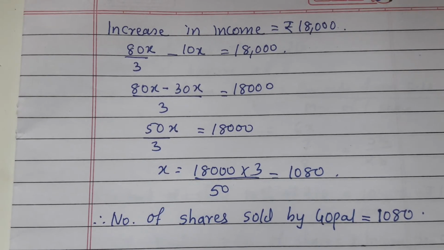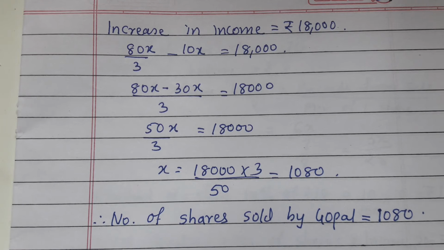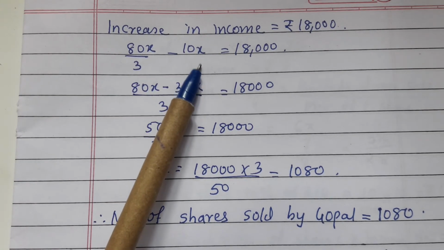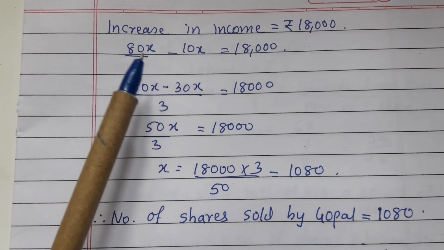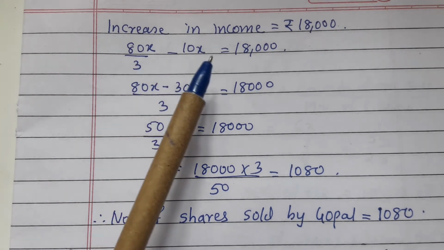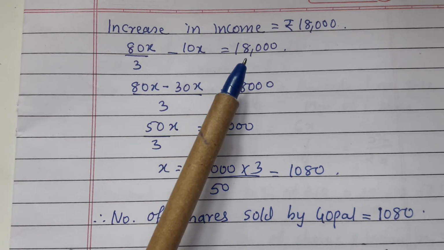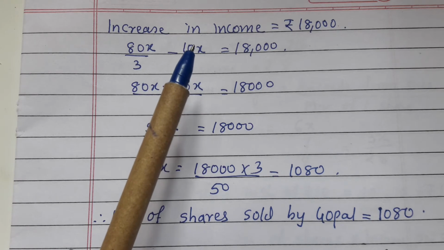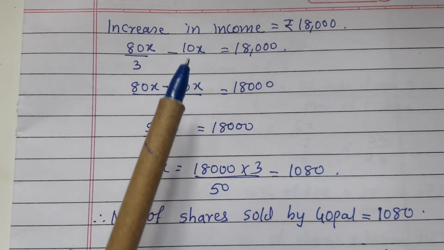Increase in income is rupees 18,000. Dividend from second share minus dividend on first share: 80x upon 3 minus 10x is equal to rupees 18,000. Divide and multiply by 3, so 30x upon 3.